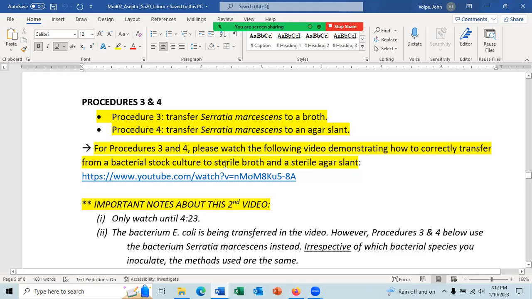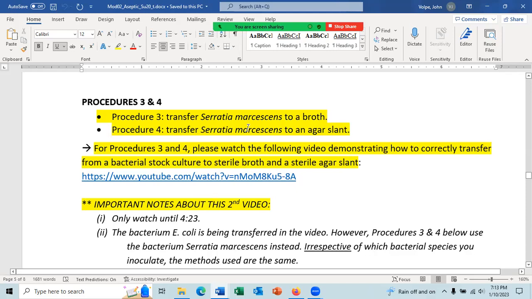For procedures 3 and 4, we have two videos watching how to correctly transfer from a bacterial stock culture to a sterile broth and to a sterile slant. There is one note about the video, and that is Serratia marcescens is a bacteria which is red in color.